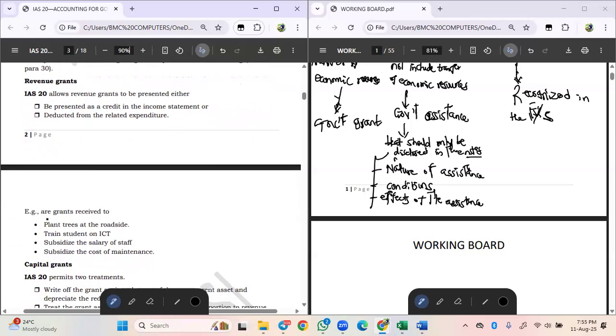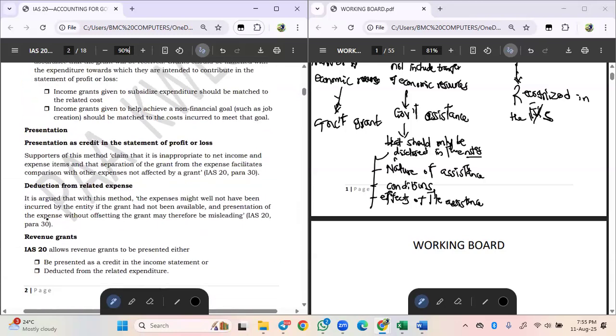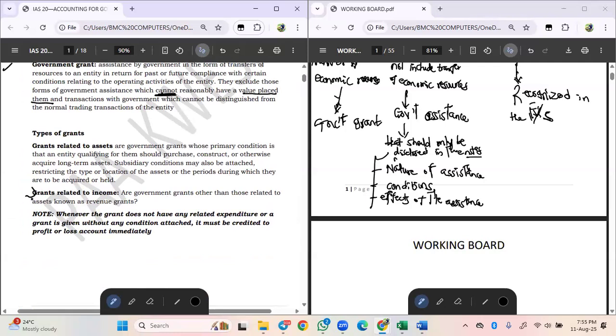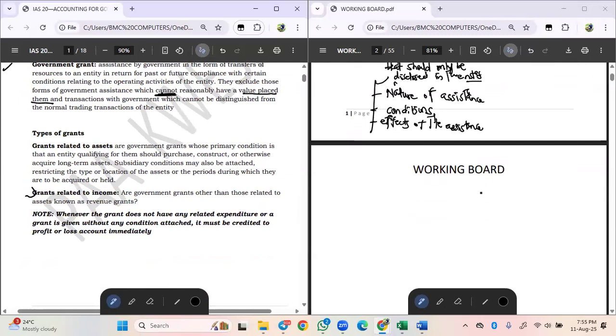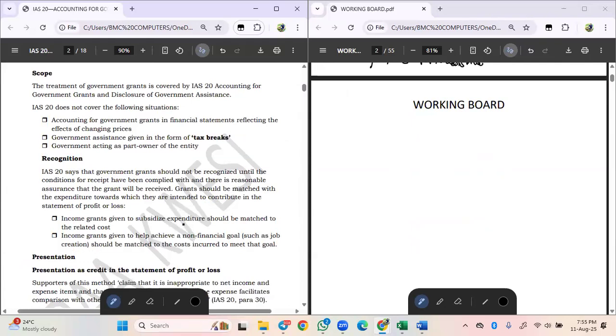All right, so let's talk about the revenue grant, the one which is related to income, this one, okay? So revenue grant.